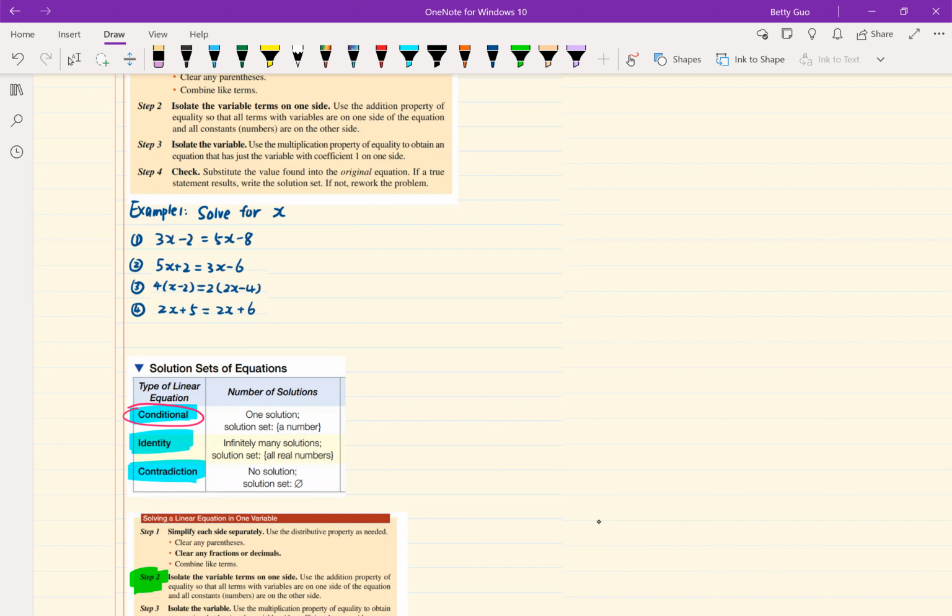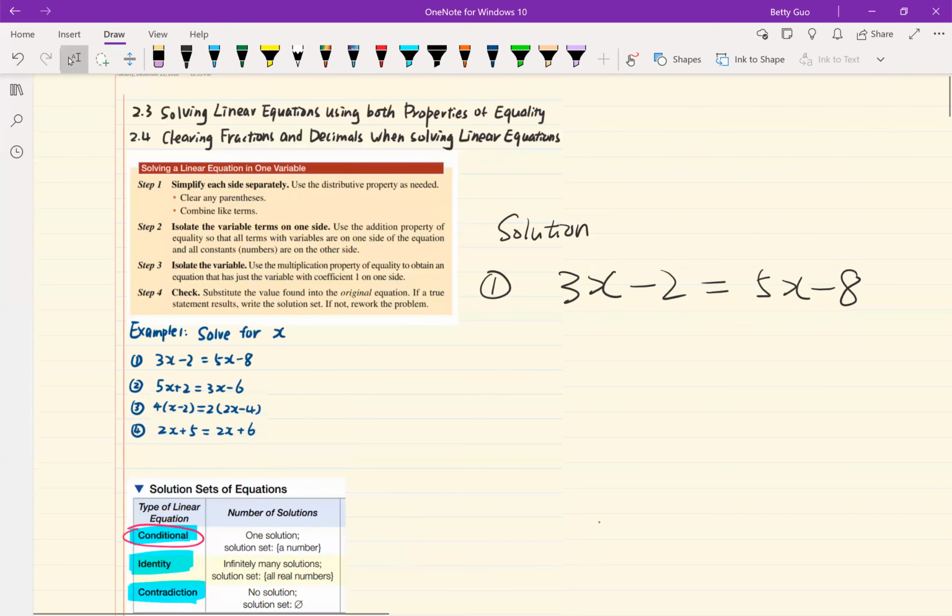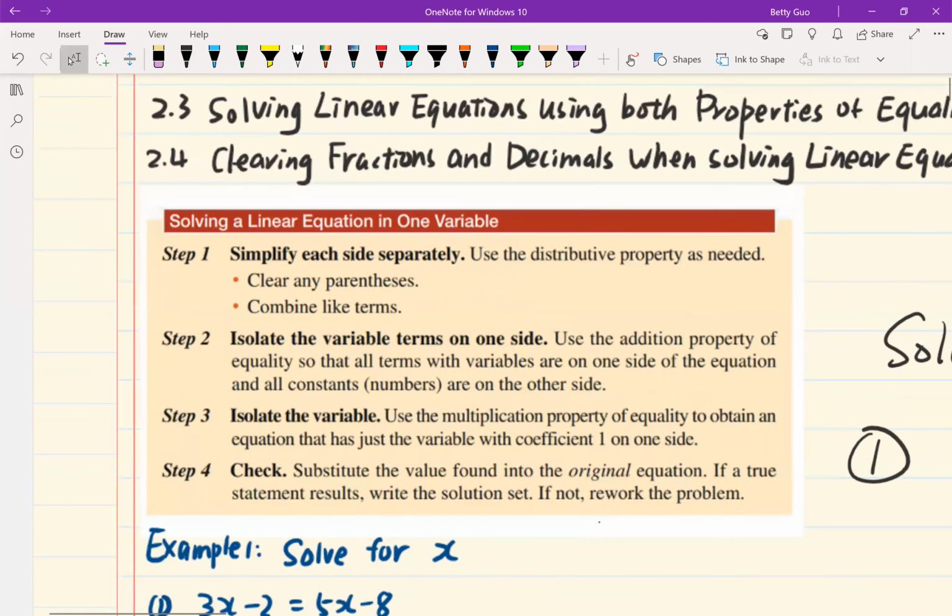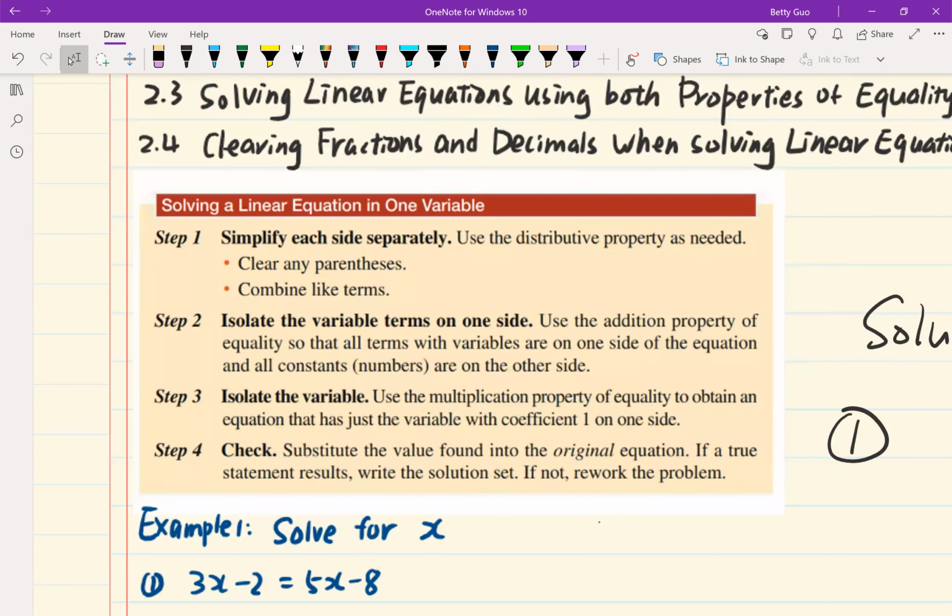Let's see the first example, solve for x. Number 1, 3x minus 2 equals 5x minus 8. Before we process the equation, let's read the guideline here. Solving a linear equation in one variable, we have the following 4 steps. It gives you a guideline.